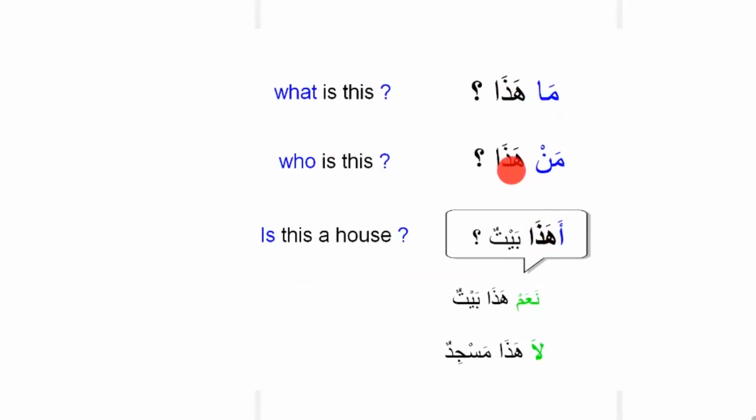All of these, as I already said, are istifhams. They are questioning. The first one, Maw-izah, is a common phrase used to ask a question. Maw-izah means "what is this?" The ma here, which you can see in blue, is "what."